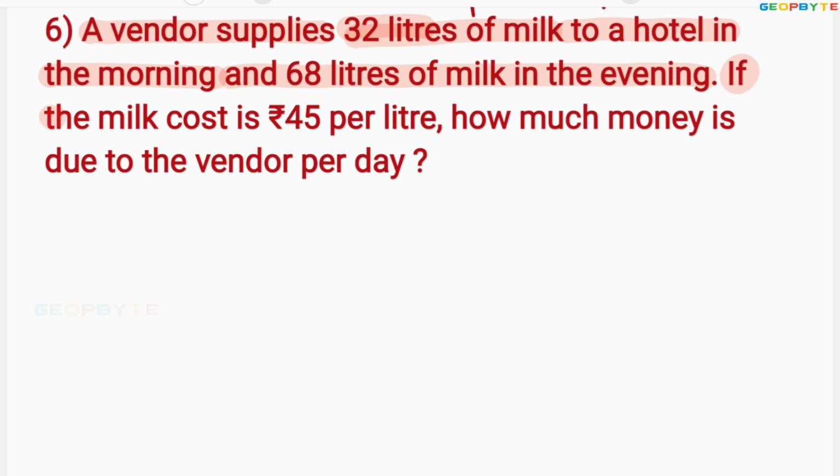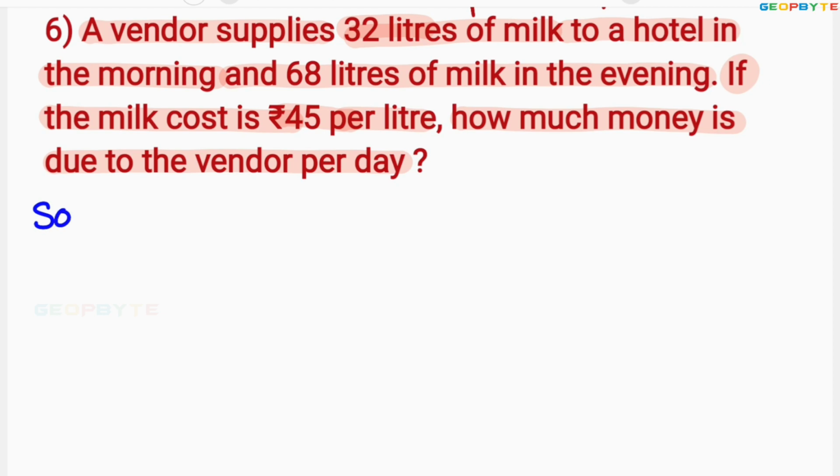If the milk cost is rupees 45 per liter, how much money he is due to vendor per day? You are asked to decide how much money he got for that total milk.